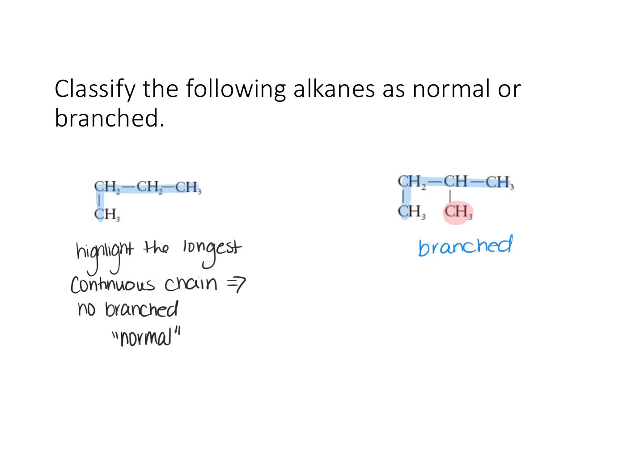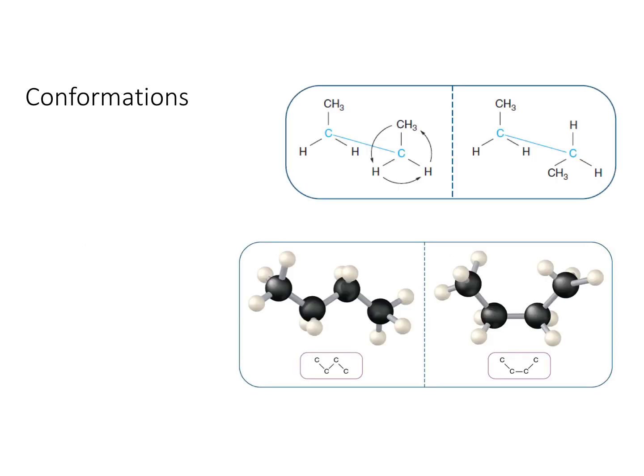Now, I mentioned here that these can twist around, and the reason that these can twist around is because there's rotation around the carbon-carbon bonds. And when there's rotation around the carbon-carbon bonds, these are called different conformers, and they can have different conformations.